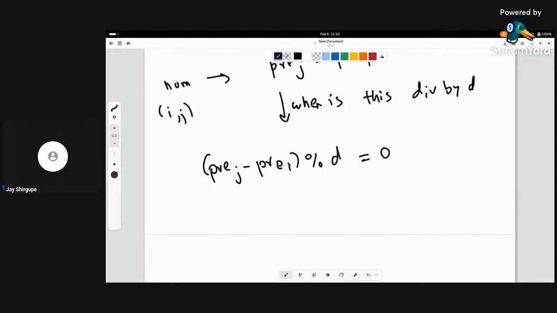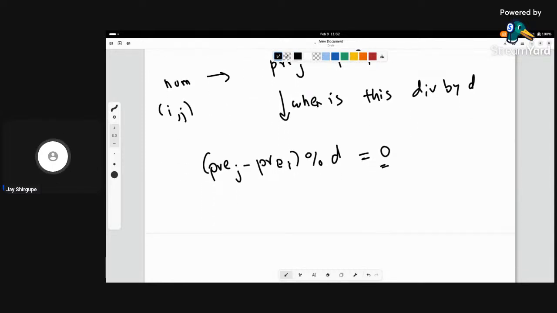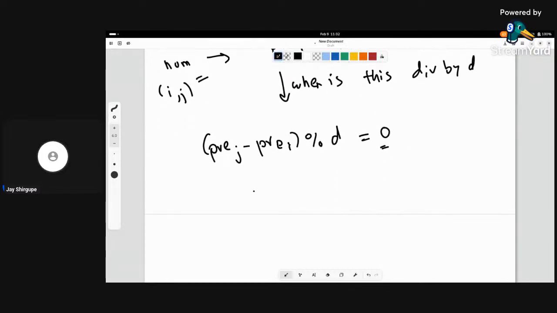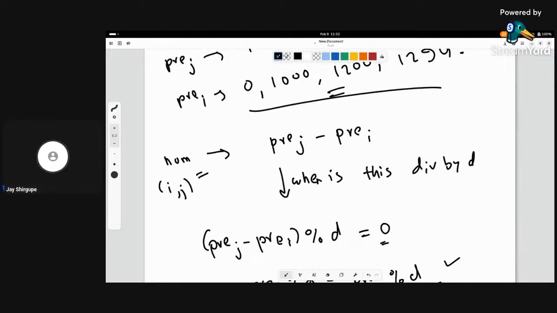If this is equal to 0 modulo d, then the value of this number is divisible by d. That is basically saying that prefix of i modulo d is equal to prefix of j modulo d. All right, if this is the case, then that number is a good number.